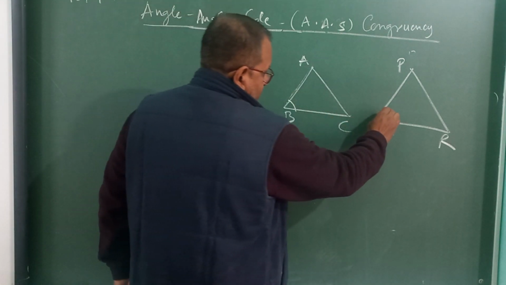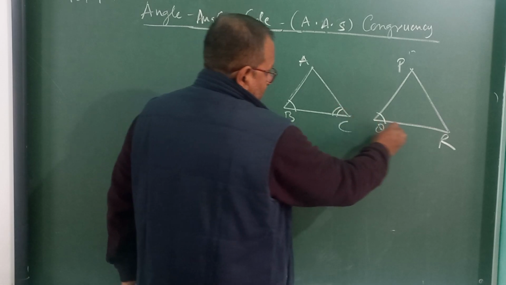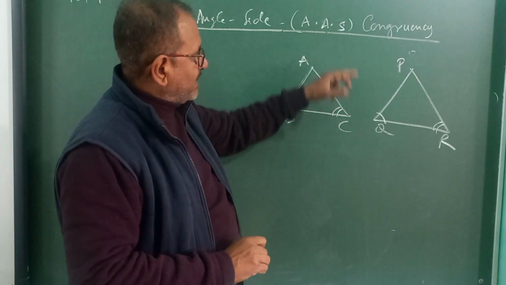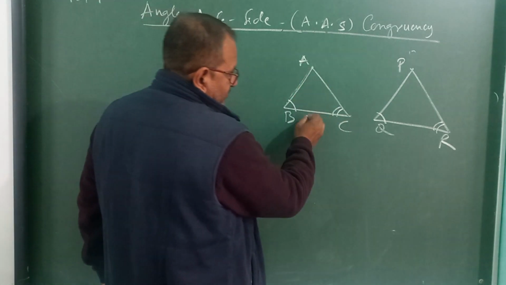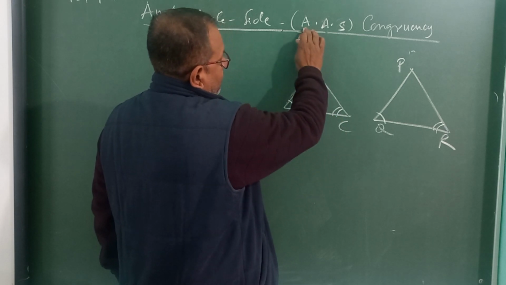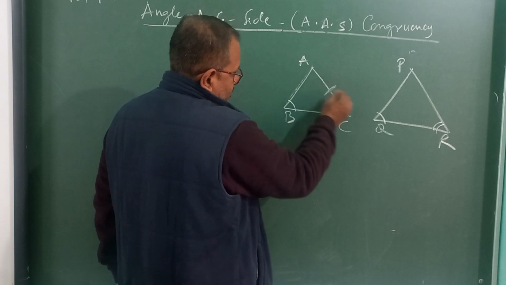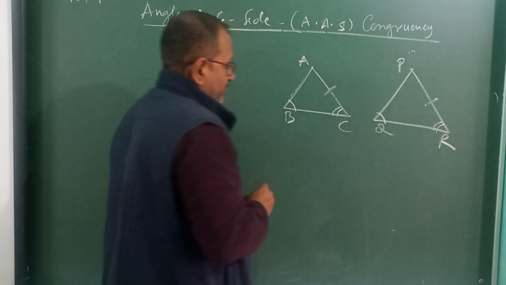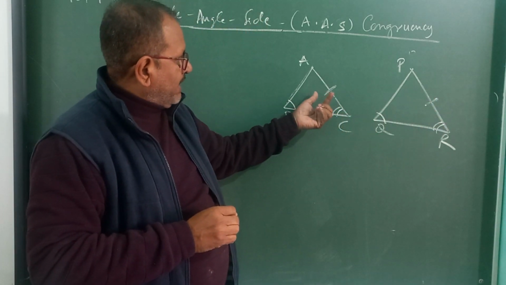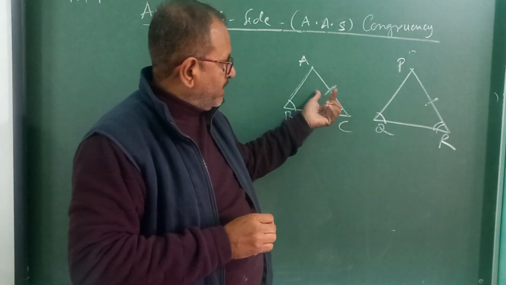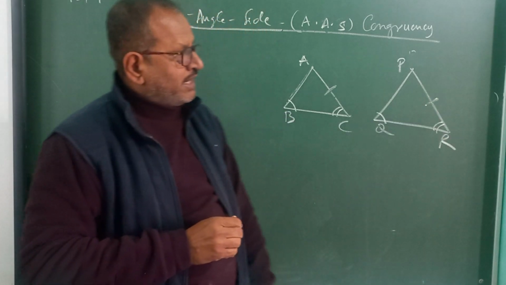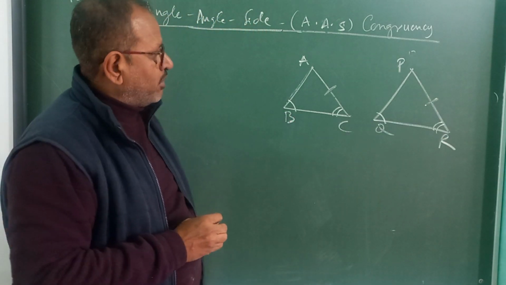Suppose angle B is equal to angle Q, angle C is equal to angle R. So two angles are equal, we have to take one side, we will not take the included side, otherwise it will become angle side angle, but here it is angle angle side. So let AC be equal to PR. Two angles and one side of one triangle are equal to the corresponding two angles and one side of the other triangle, then both the triangles are said to be congruent.